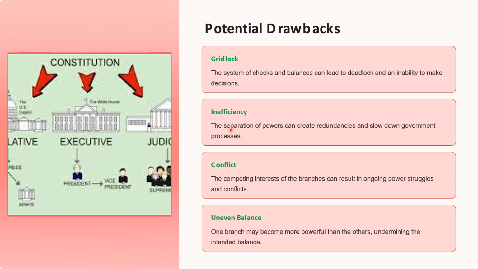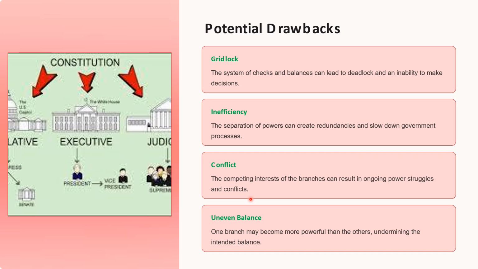And inefficiency: the separation of powers can create redundancies and slow down government processes. So overlapping responsibilities and excessive complexity, and the competing interests of the branches can result in ongoing power struggles and conflicts.